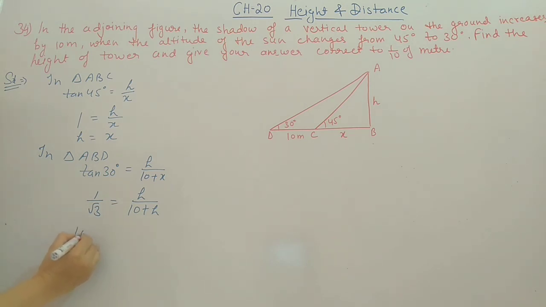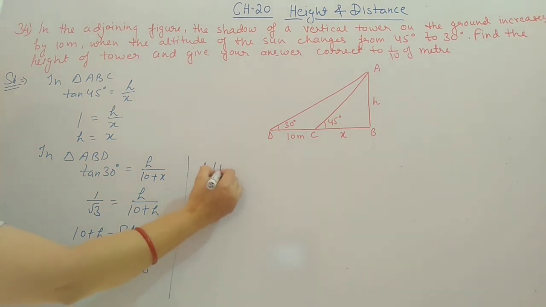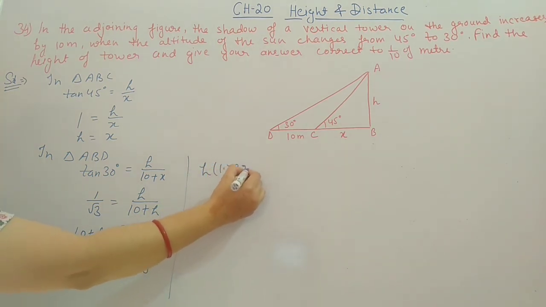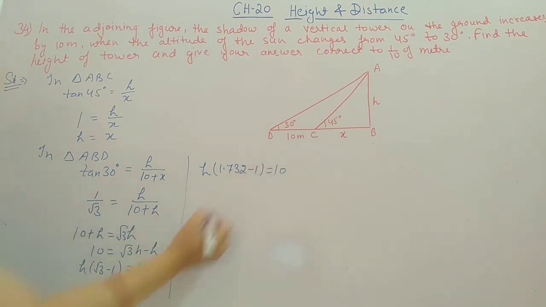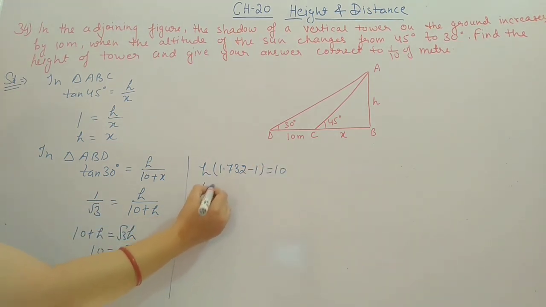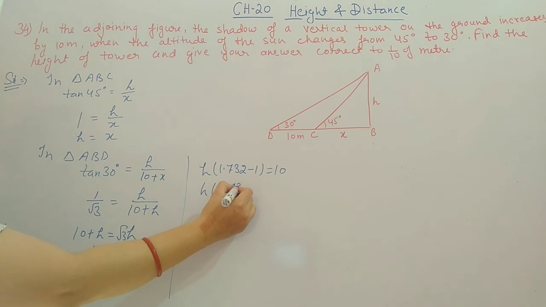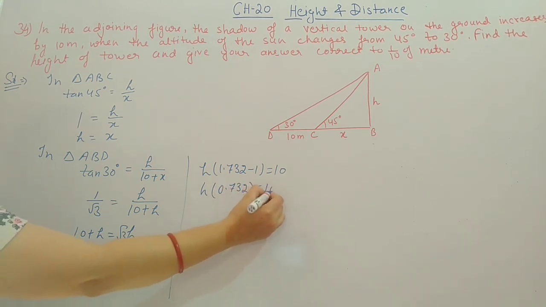We have now 10 plus H is equal to root 3H, or 10 is equal to root 3H minus H. H we can take as common. Then H times root 3 minus 1 equals 10. Substitute the value of root 3. H times 1.732 minus 1 is equal to 10, or H times 0.732 equal to 10.